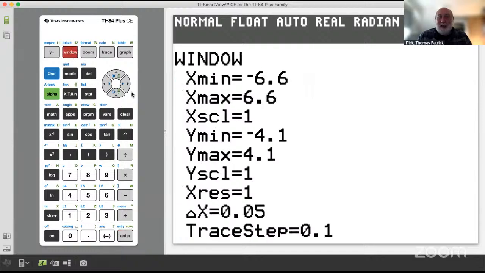Before I do my slope field, let me go to the window. I want to center my window at 2, 2, but make my window very small.